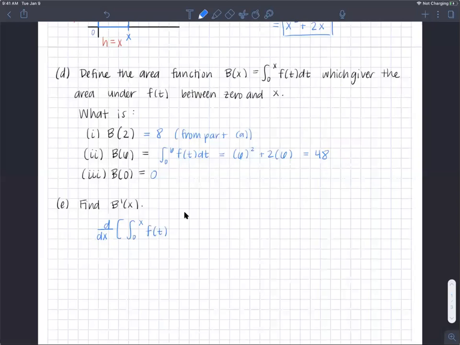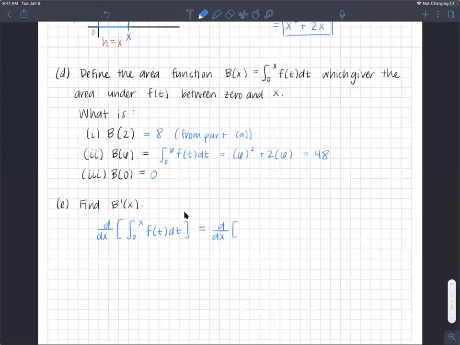So what can I do? What happens with these two things right here? Yeah, they're going to cancel out. That's one way you can think of it: you're going to cancel out, and so you're just going to have f of t.